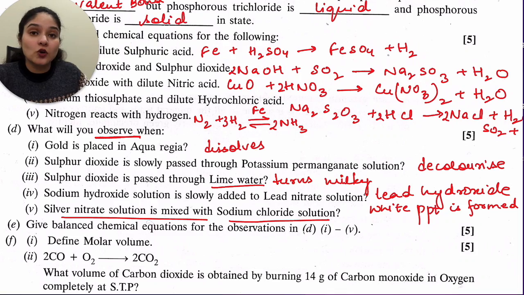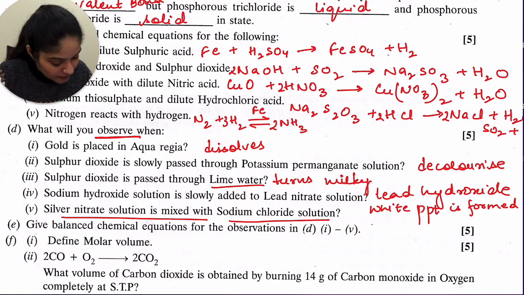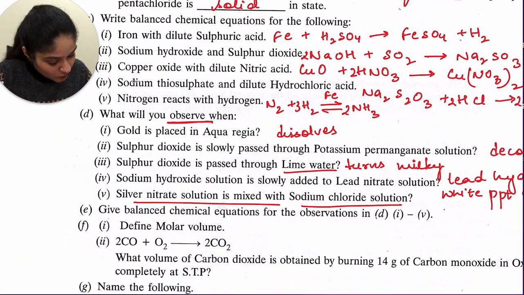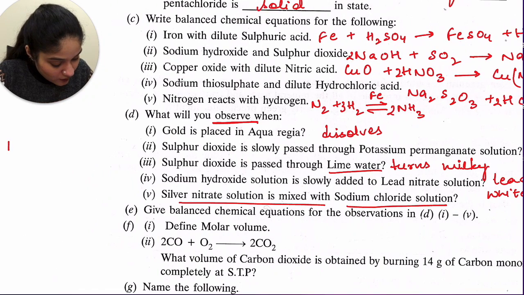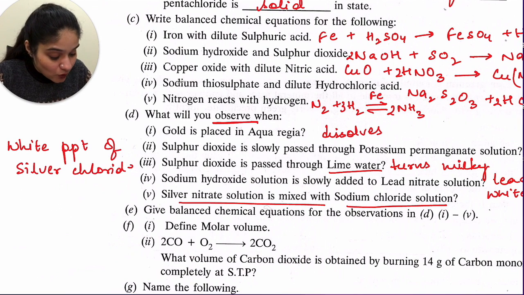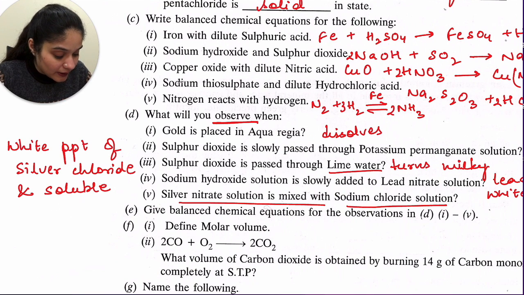In this case also you will get a white PPT. So we'll mention that over here. So you get a white PPT of silver chloride. And this also dissolves, and is soluble in excess solution.